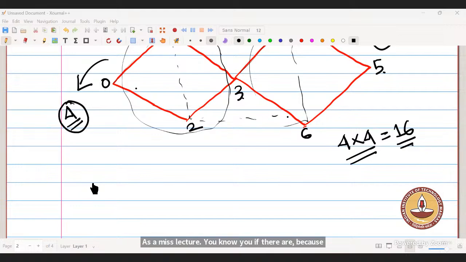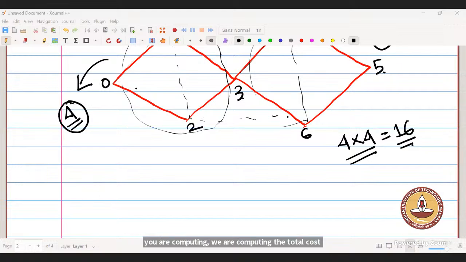Exactly. See, the thing is that there is a difference. The path can be different, but what it's asking is the minimum cost. Eventually what we are computing is the total cost.